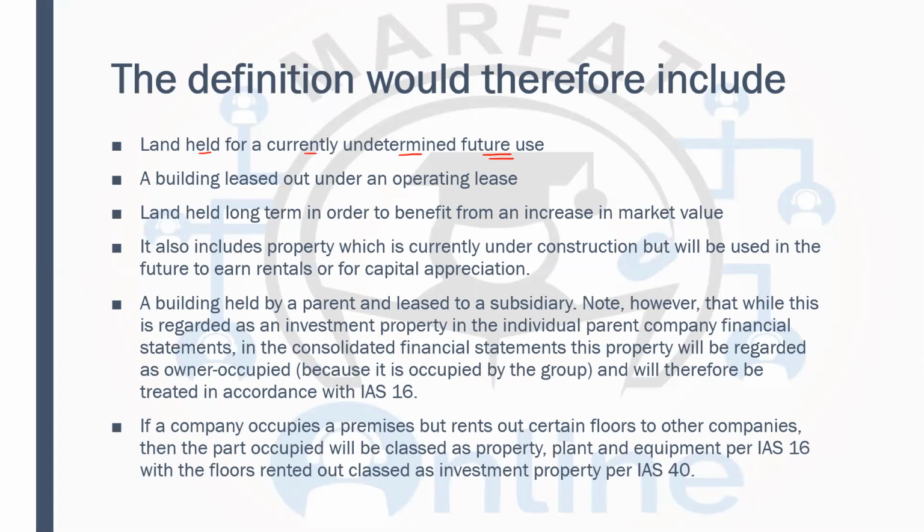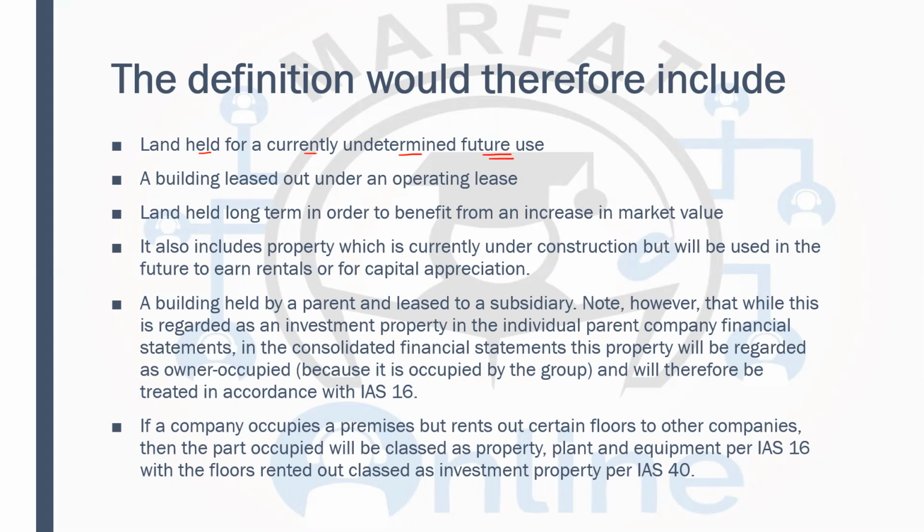Because the standard says that if you have a property regarding which you are doing nothing, then it may appreciate over time. So the capital appreciation is specifically covered by IAS 40. So that is why you are going to record it under IAS 40, land held for currently undetermined future use.